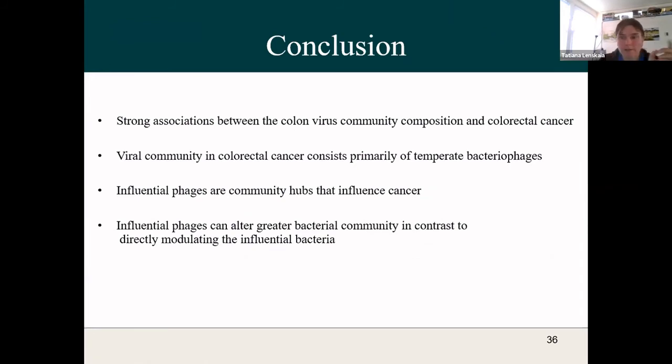And it can be a more promising approach for altering bacterial community than just directly modulating the influential bacteria, like Pseudomonas aeruginosa or some pathogenic E. coli. If you target them precisely, it has a much less broad effect than if you just do it through the phages.